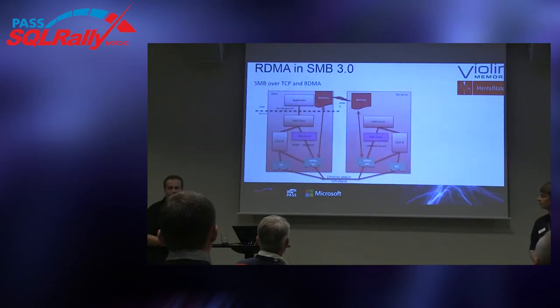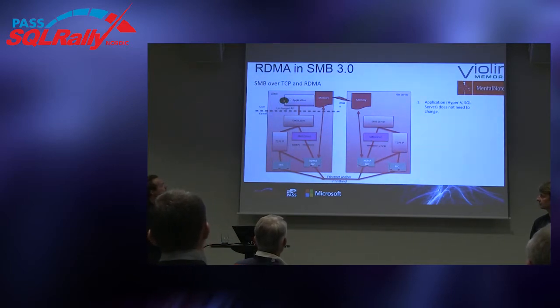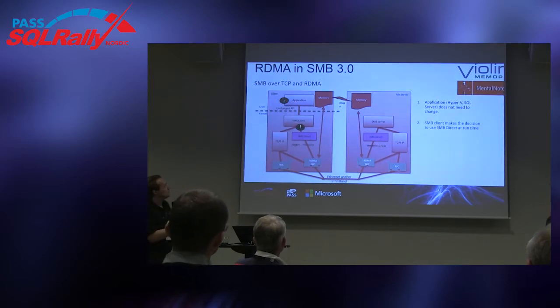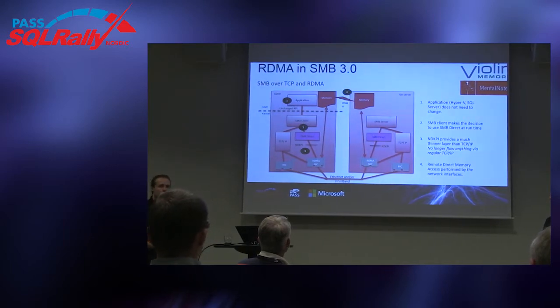Then we have the RDMA part. Microsoft called that SMB Direct, but the interesting thing is that when an application needs to access something remotely, it goes to the SMB client. The SMB client figures out, well, the one I'm connecting to is also RDMA capable. So I'll reroute it away from the TCP/IP stack in Windows to a special RDMA protocol, go over the network, bypass the entire operating system kernel over here, and go directly into a memory space.